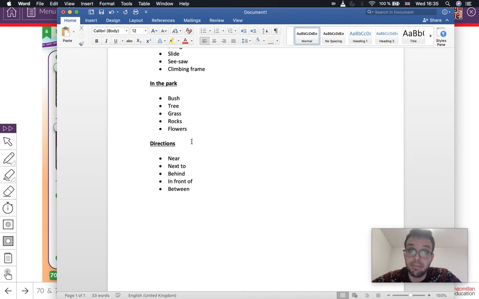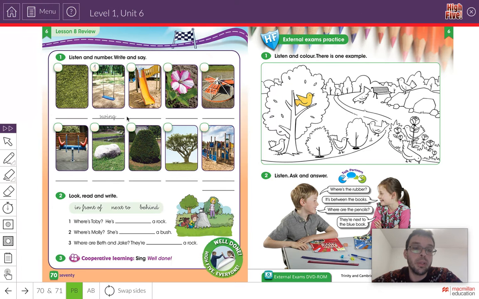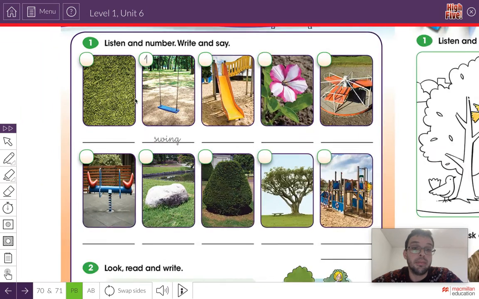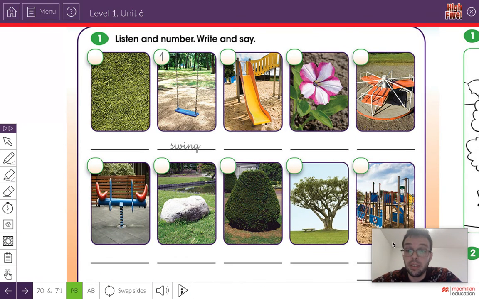Very good. Now that you've finished, we're going to go to our pupils book and we're going to go to page 70. Unit 6, Lesson 8 Review. Okay, maybe the page is different, but it's Unit 6, Lesson 8 Review. Now, what we have to do is listen and write the number next to the picture, okay?